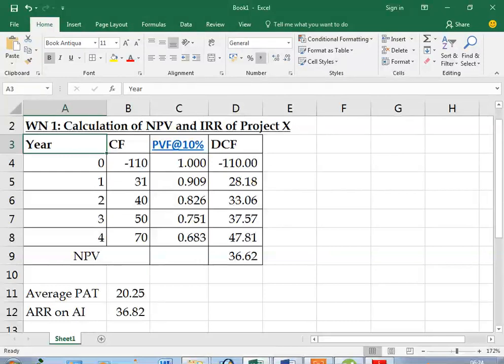So let's try maybe 20% and then we'll again increase the rate. PVF for 10 has given a huge positive. Let's do PVF for 20 and then increase the rate.